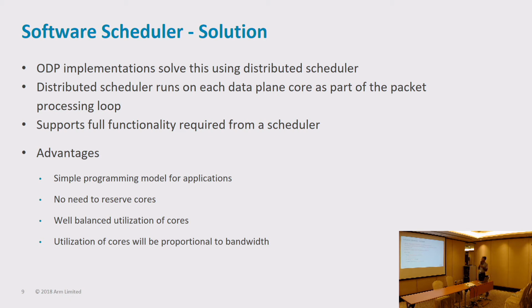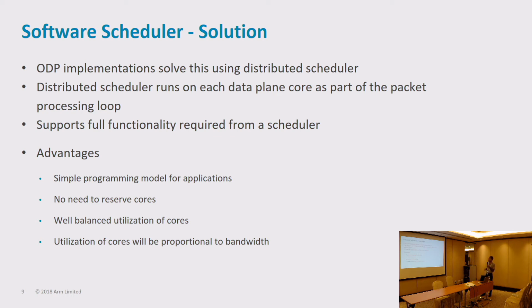Some of the advantages I see with this approach is it's a simple programming model, as in none of the applications need to know that we have a dedicated core for the scheduler. When I say application, I'm not talking only about the packet processing application. I'm talking about applications from the orchestrator to the end node, that whole breadth of applications.